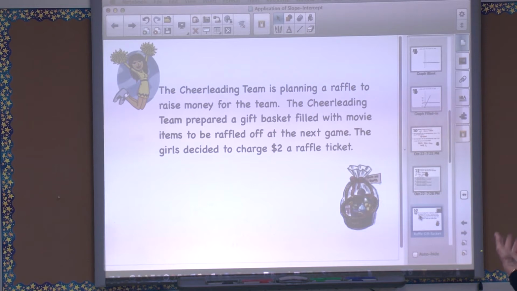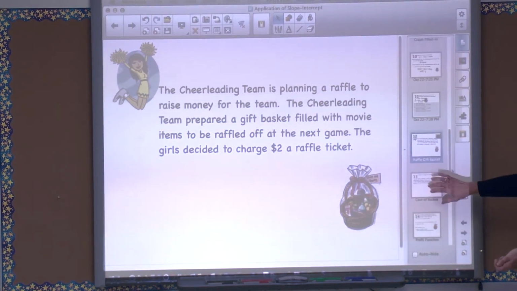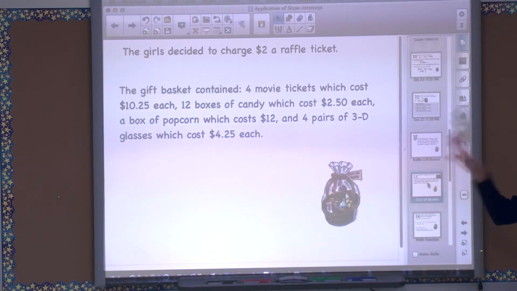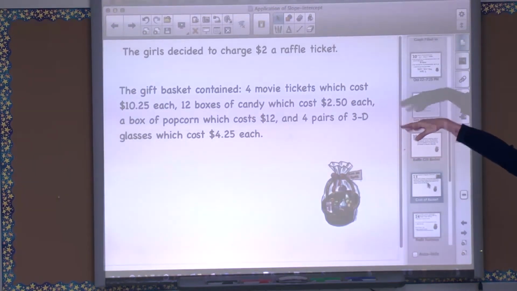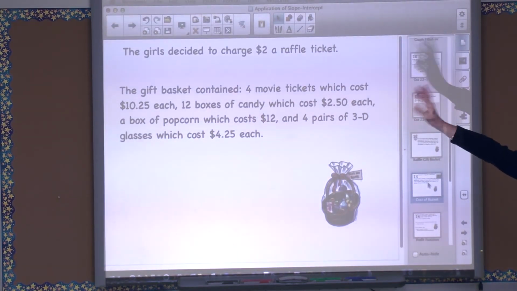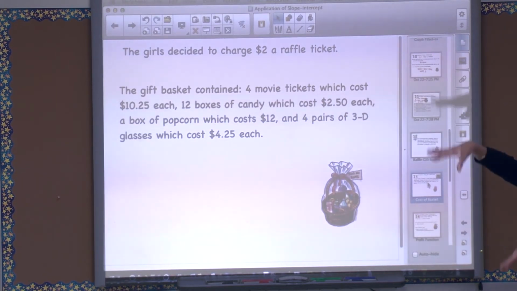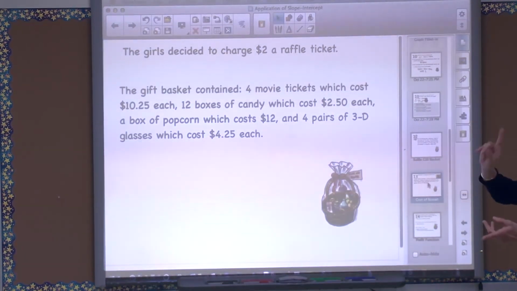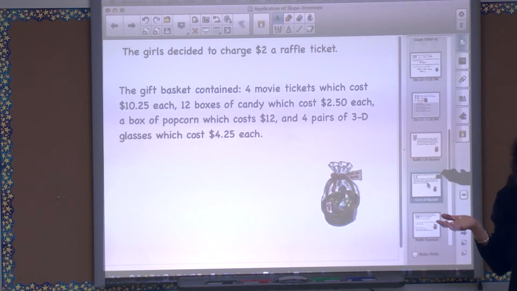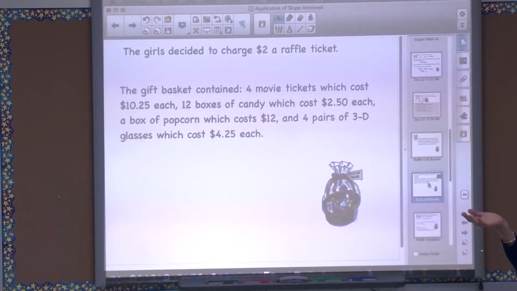They're going to charge $2 a raffle ticket. In the basket, they have 4 movie tickets that cost $10.25 each, 12 boxes of candy, 1 box of popcorn, and 4 pairs of 3D glasses. Sounds like a great gift basket, right?